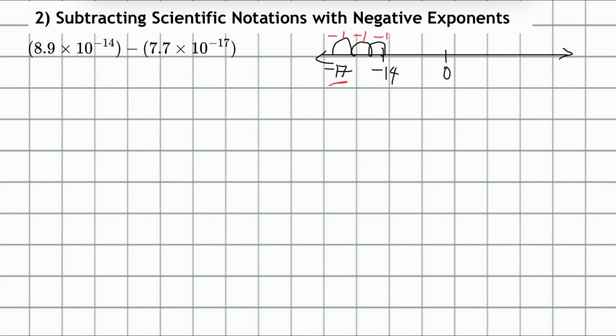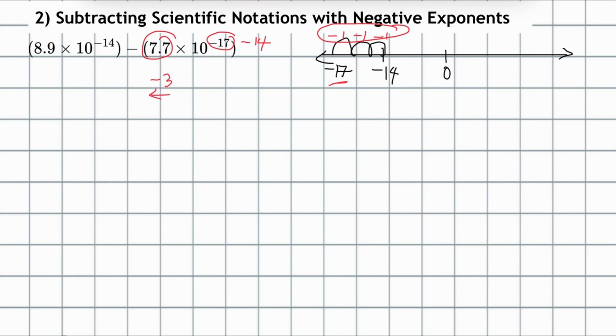Now, in order to make this a negative 14 and make it equal to this exponent, we need to move this negative 3 times to the left because of this movement that we just completed.